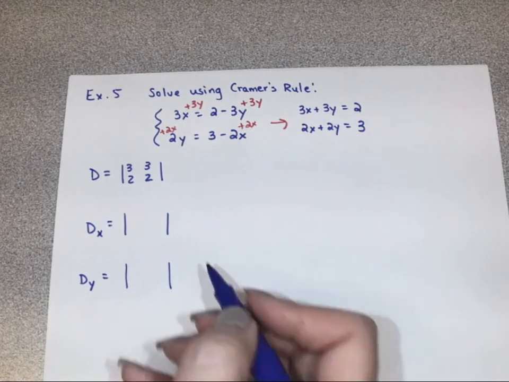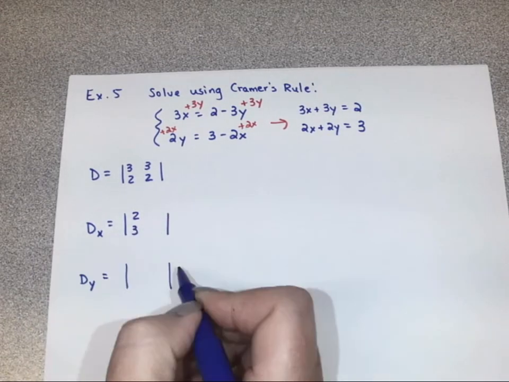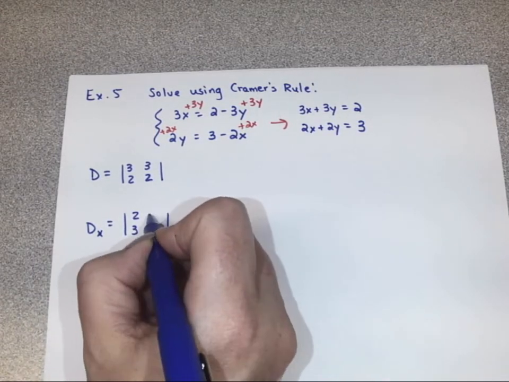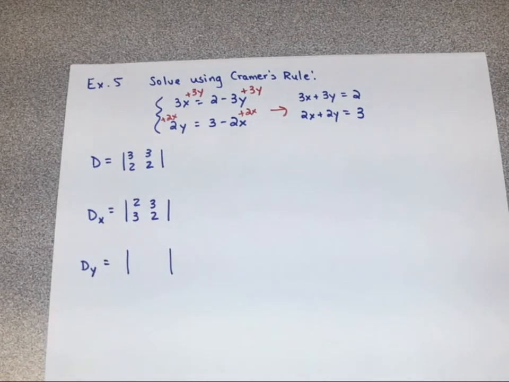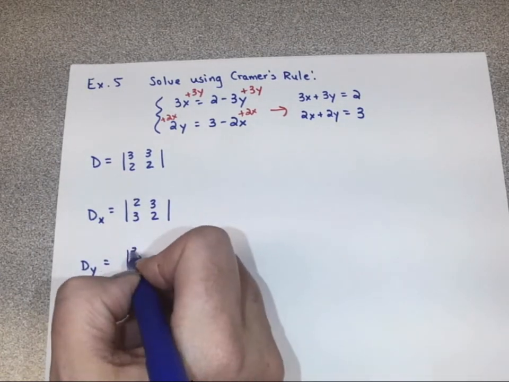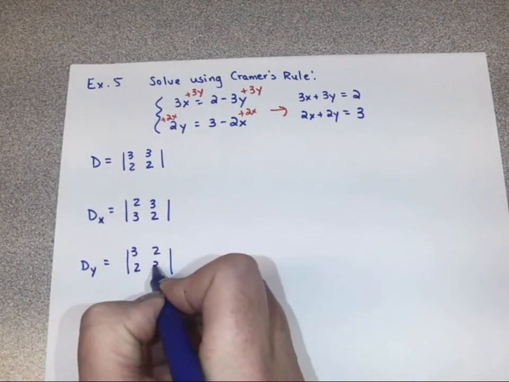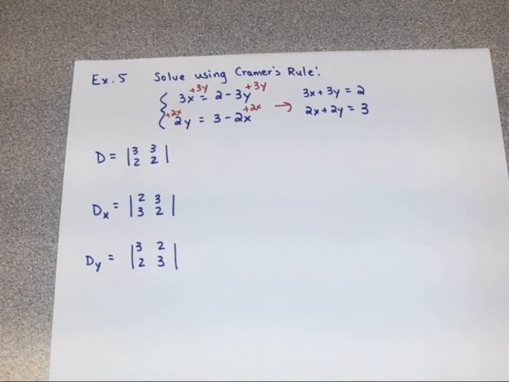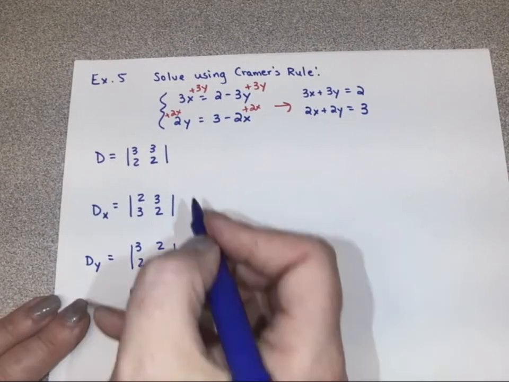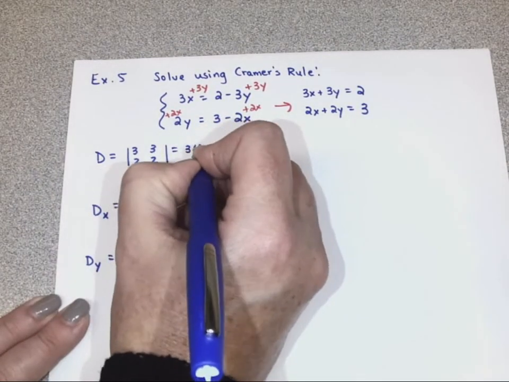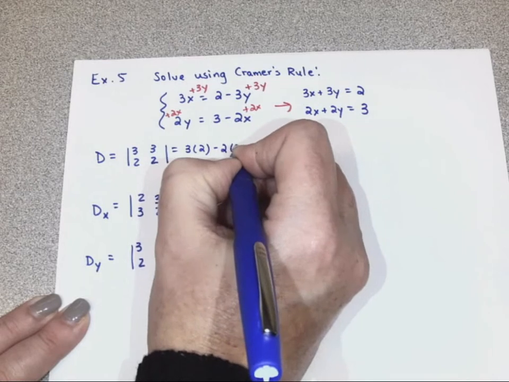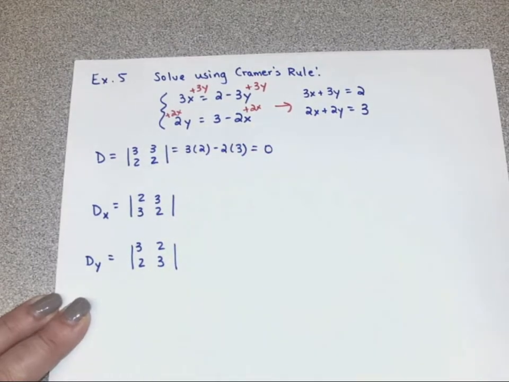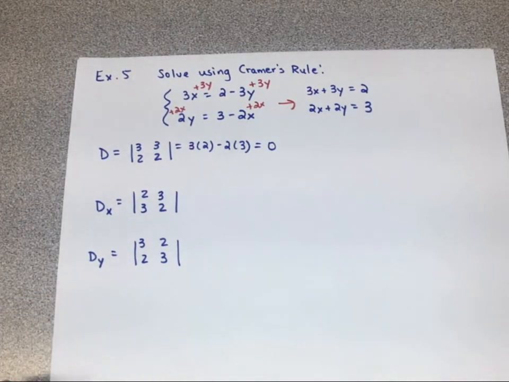The second one is the C's followed by the B's. And the third one is the A's followed by the C's. But what do you notice is going to happen all the time on these? If you cross multiply and subtract here, for instance, you're going to get 3 times 2 minus 2 times 3, which is what? 0.